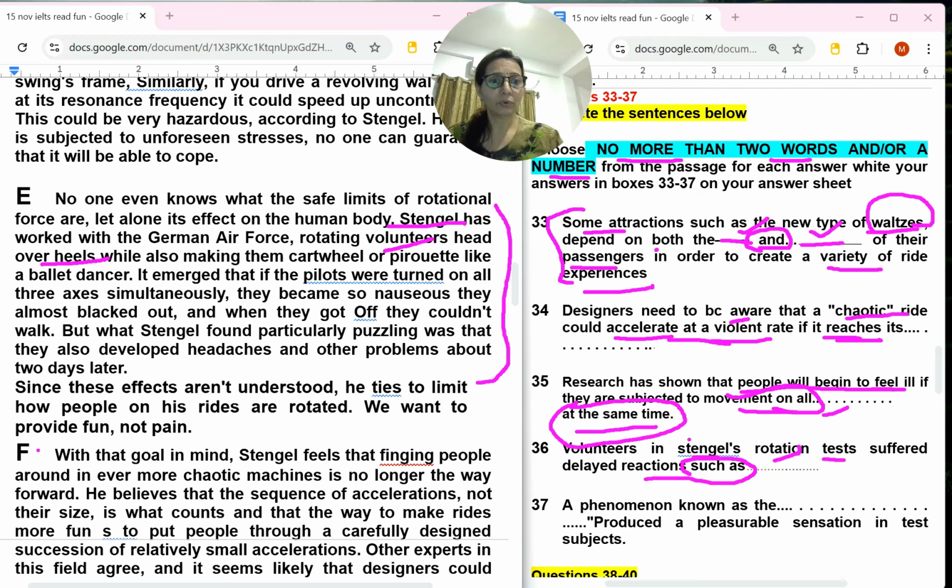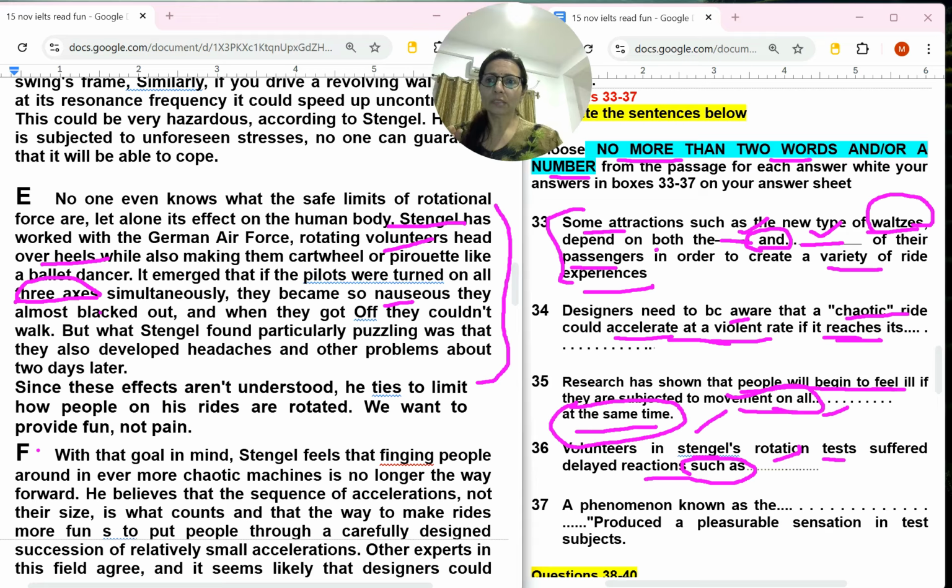Okay, so what I understand over here: test suffered delayed reactions such as, so delayed is given here, because the last answer was here, three axes. Yes, this was the last answer, three axes. After that we have to look for the location.